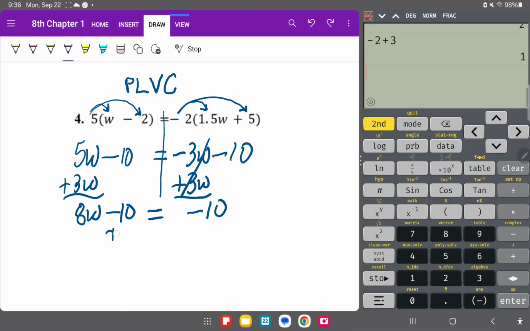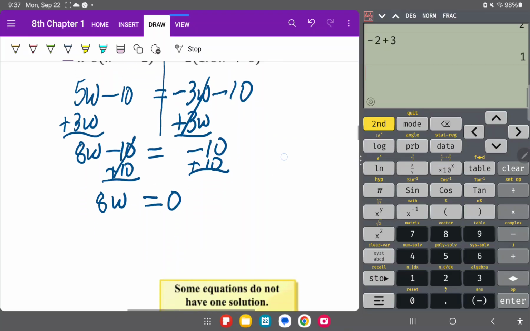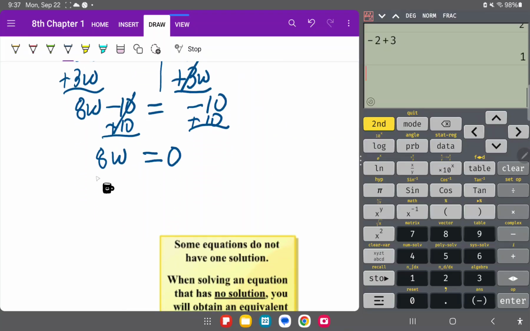So we'll have to add the 10 right here, like that. So on this side, that cancels. So we're left with 8W. Bring down your equals. And negative 10 plus 10 is 0. Then our last step is to divide. All right, so we'll divide right here. Divide by 8.